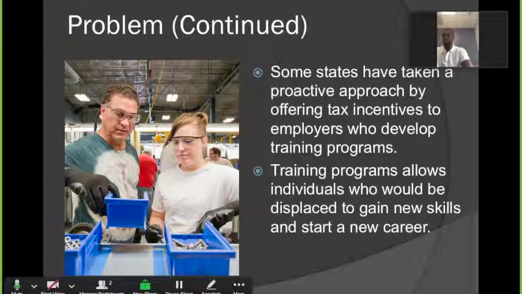Let's just say there's an automation line or manufacturing line to build a car, there might be several employees who have skills that will no longer be needed because they will be replaced by automation, but they still have skills, and some of these skills can be retained, and an employer might decide to retrain these individuals in order to allow them to start a new career, as well as sometimes even hire people outside of their current company.